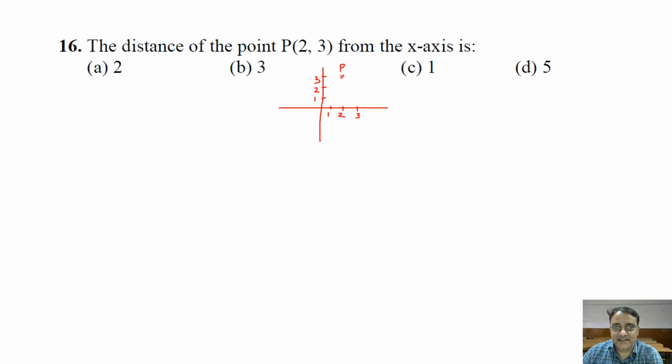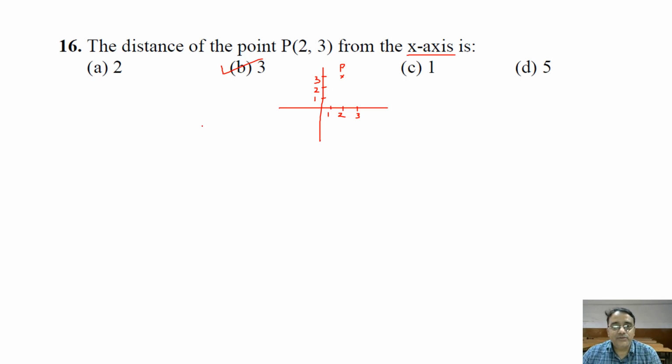This distance is 3. So note that the distance of any point from the x-axis is the y coordinate and the distance of any point from the y-axis is the x coordinate, right? So what is the answer here? Option B. Option B, right. If it were the y-axis in this question, the answer would be 2, that is a bit, right.